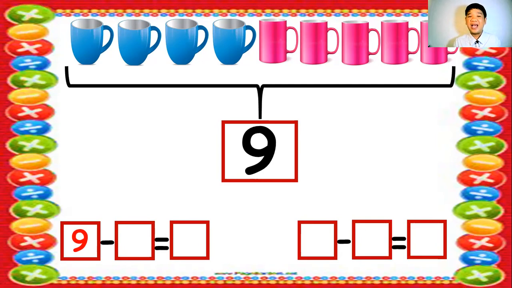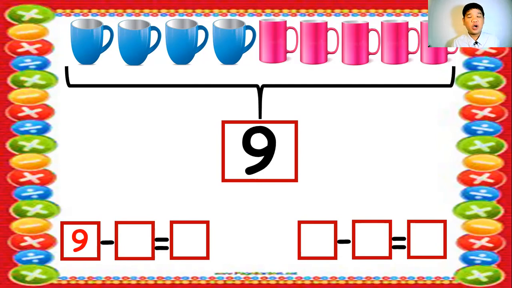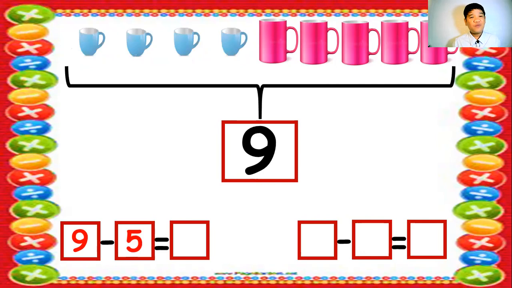Since I am asking for how many blue mugs or blue cups do we have, we have to write the total number of the pink cups or the total number of the pink mugs, and that is 5. All right, so we have now the equation here. So 9 minus 5. So the answer is we have 4.